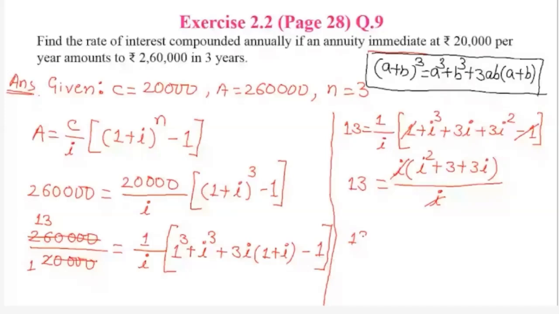So I'll get 13 is equal to I square plus 3 plus 3I. Let us shift 13 on the other side. So 0 is equal to I square plus 3I. This 13 goes that side, it becomes minus and plus 3, so minus 10, agreed? What part? Dhruv, which part? The left part, the right part, or the whole thing?